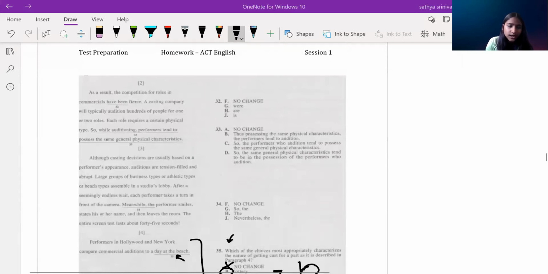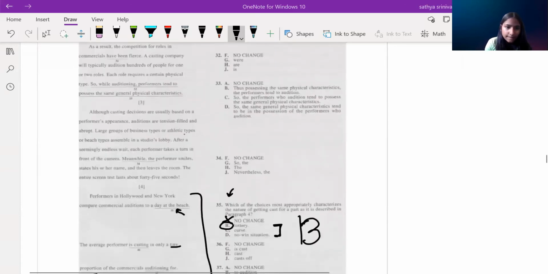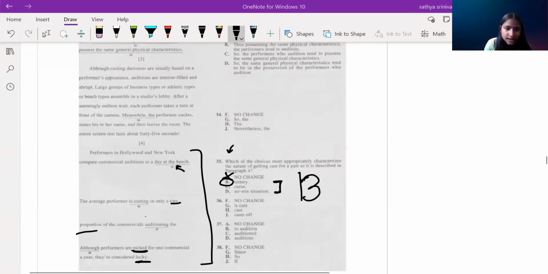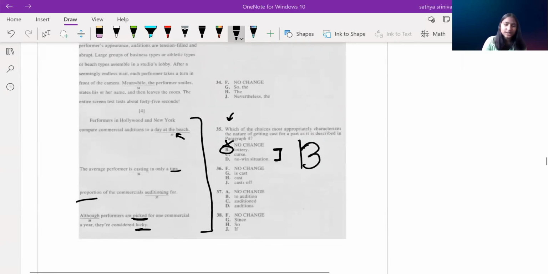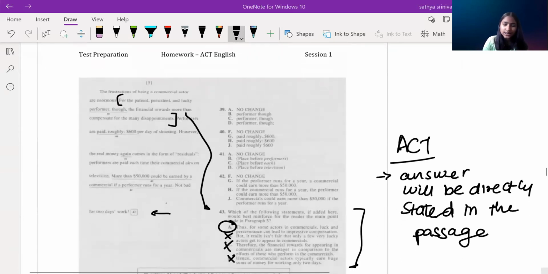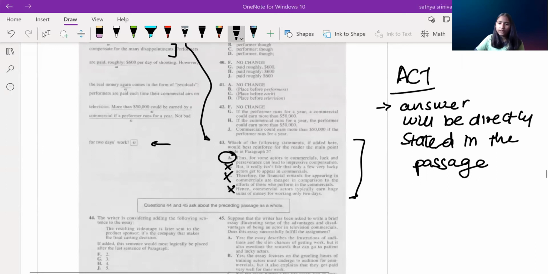So they are saying that it is fierce, right? Yeah, it does mention that it's hard to get a role here. And it says that it's like a lottery, right? So there's a slim chance of getting selected. It's really hard to get selected. So that's one thing that we can look for in the answer choices, that there's a slim chance of getting selected.